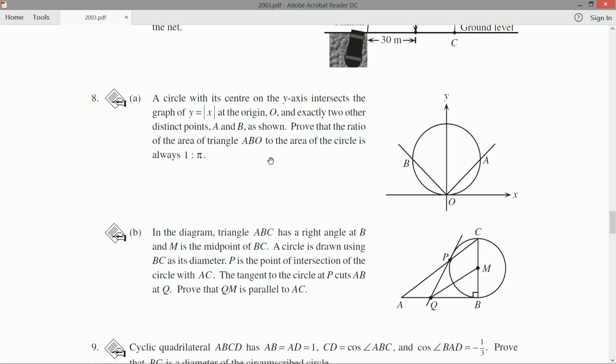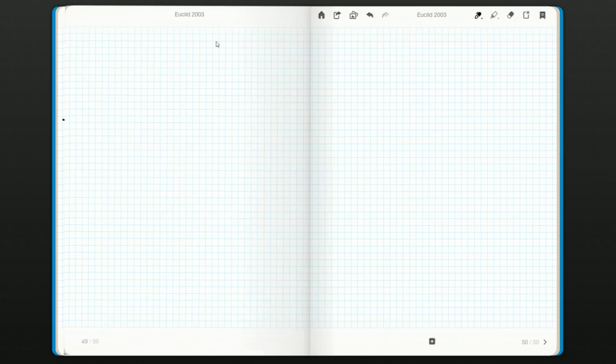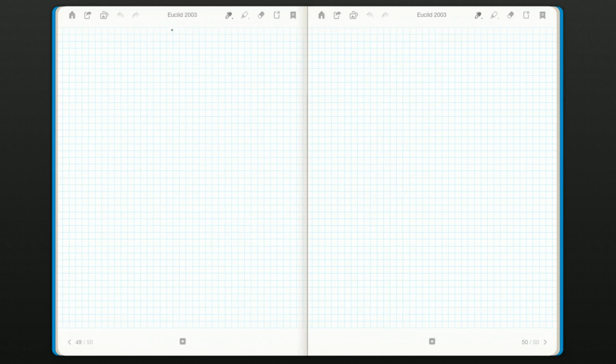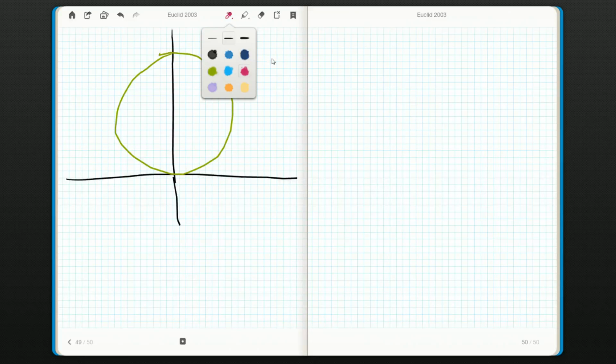I'm going to redraw the picture while I start trying to think of a plan of attack here. I'm going to need another piece of paper. Okay, I should have drawn the circle first, but that's okay. Well, I've drawn worse circles in doing other math today, so I'm going to stick with that one.